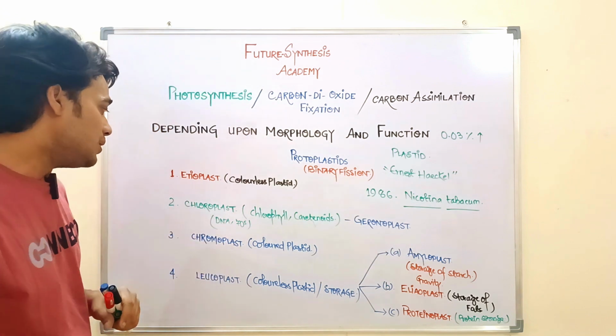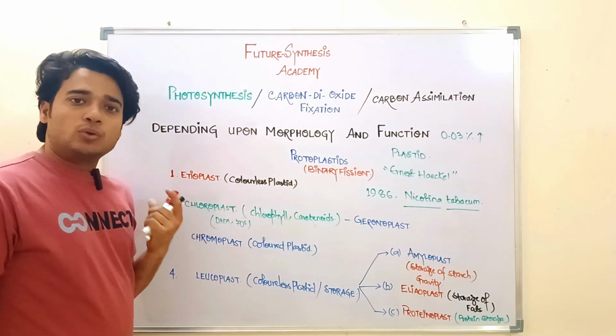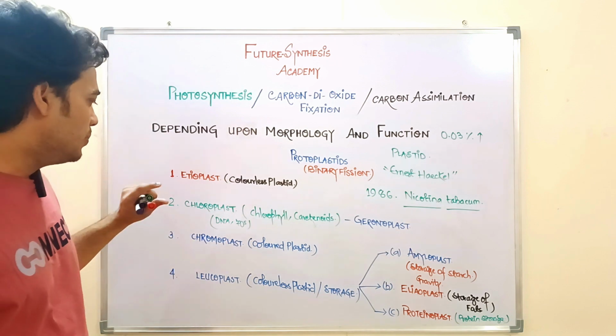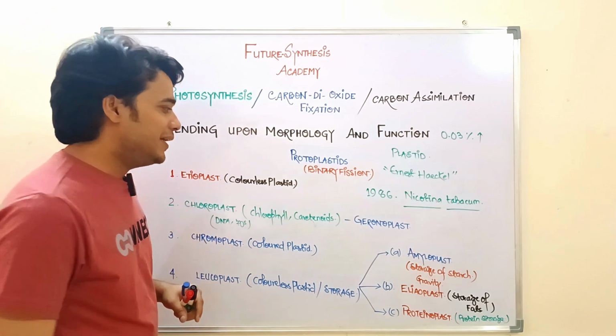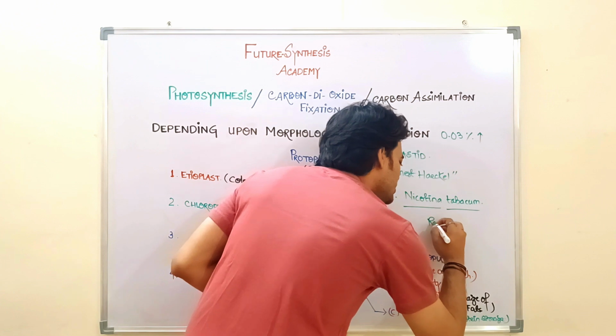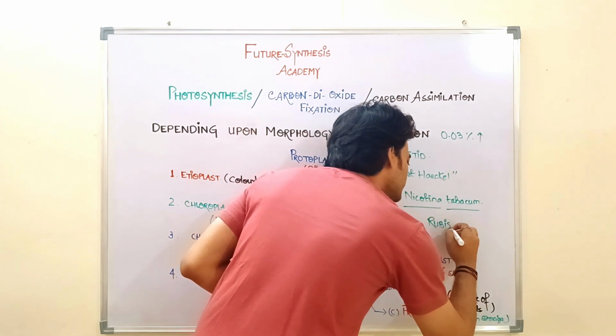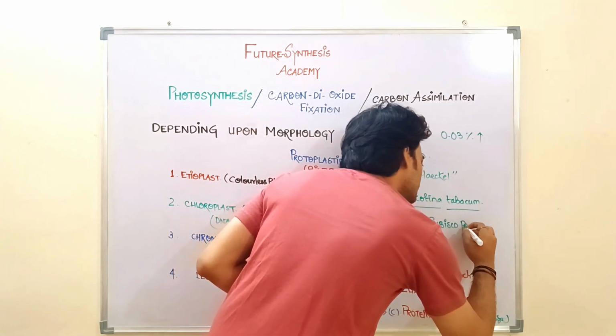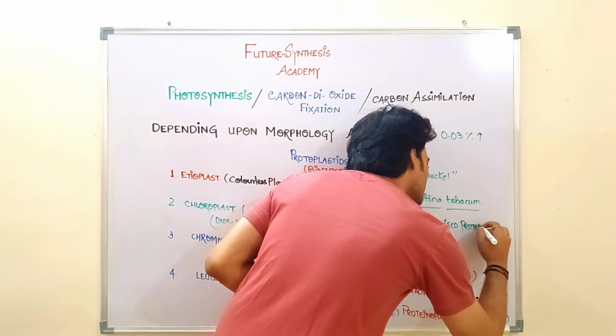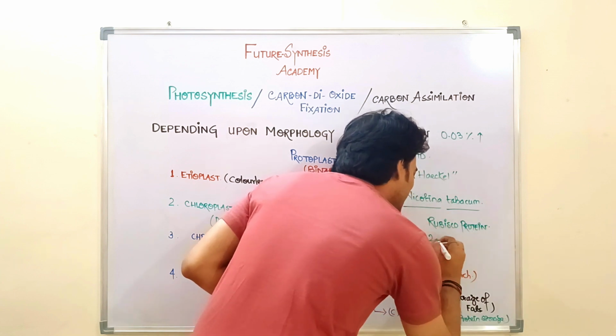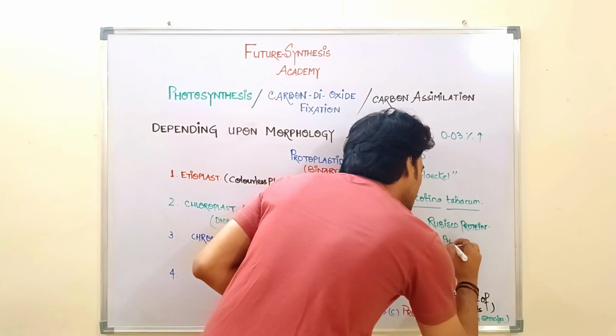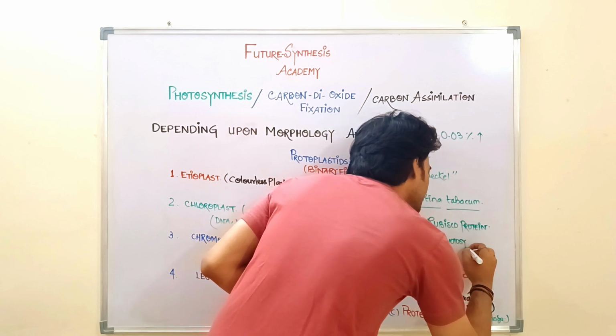Now, the core protein which the chloroplast makes, we know, is the RUBISCO protein, and 28 other photosynthetic proteins.